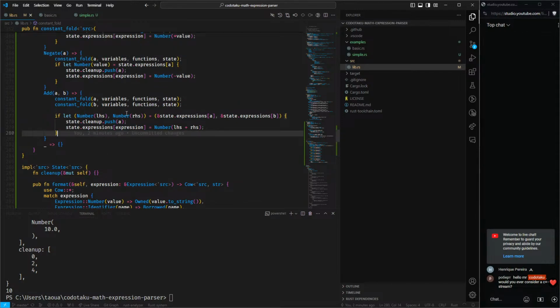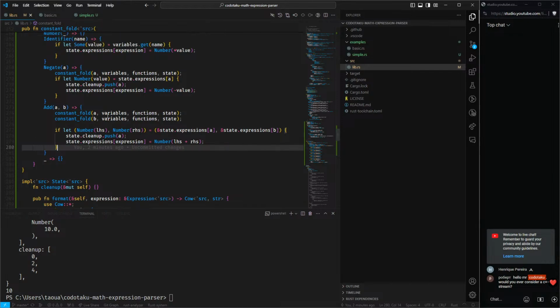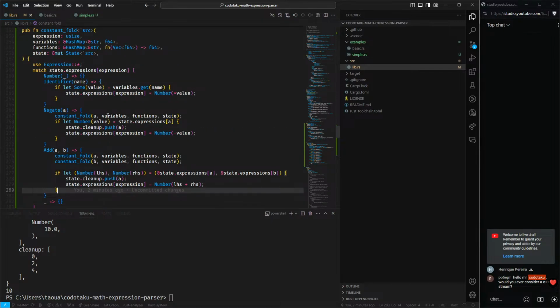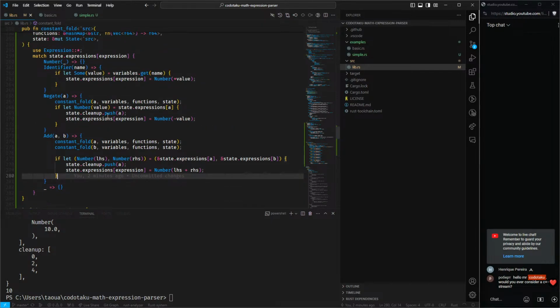Now the one thing that you have to realize here is that we're only doing this if we have a number in the LHS, the left hand side, and in the right hand side. If we only have one of these numbers, then we don't do anything about it, right?